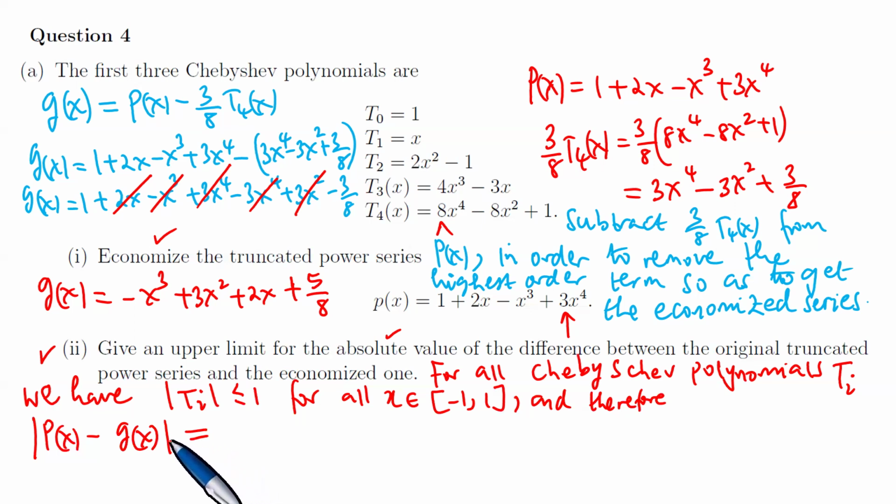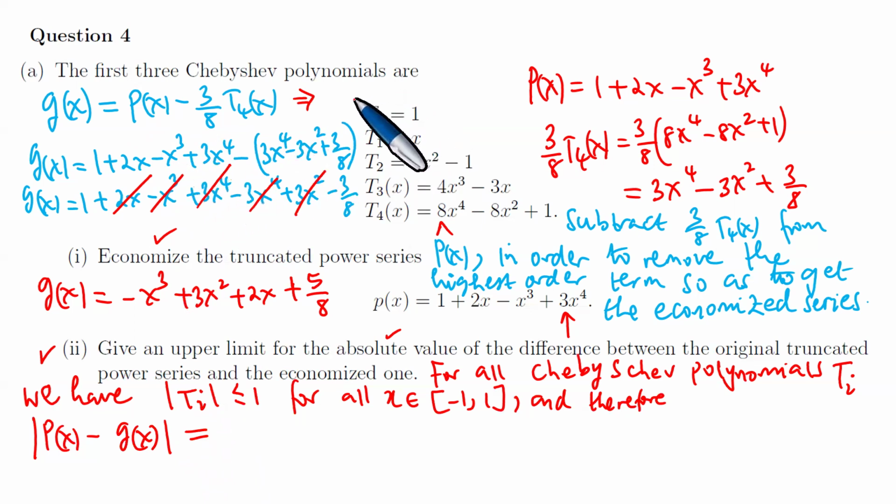So this is what we did, because now when you look at this equation, we then said from the original power series, you subtract 3 over 8 of T4 of x. Now let us look at this properly. So you perform algebra.